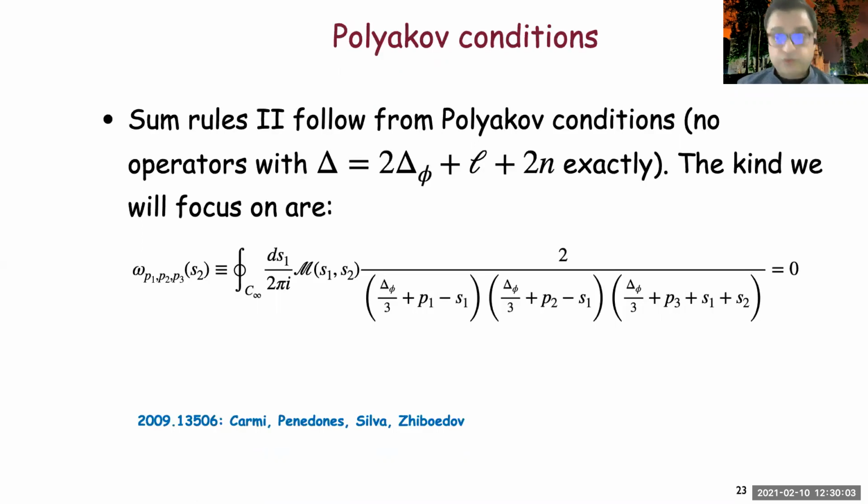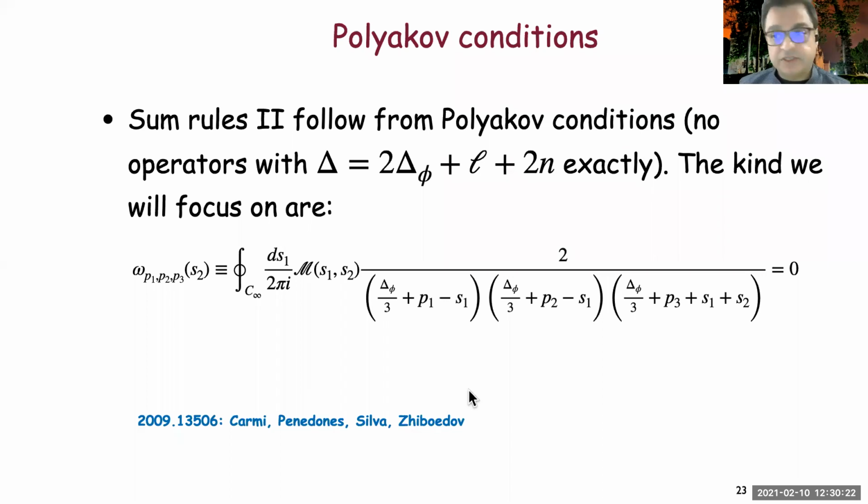The second kind of sum rules, which actually give rise to more interesting sum rules because one can have positivity on the analytic functionals and so on, are what follow from Polyakov conditions. There are these non-perturbative versions of the Polyakov conditions which are explained beautifully in this paper.